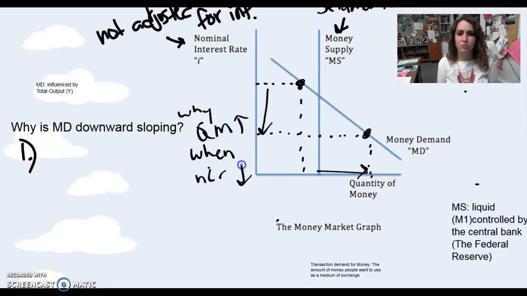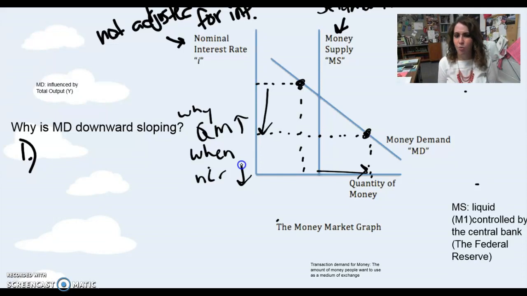If interest rates are low on your savings account, and you have your paycheck in your pocket, and you've cashed it and you've got money, you could keep it in a savings account or you could just keep it in your wallet. Well, if interest rates are low, there's really no reason to drive to the bank and put it in your savings account.